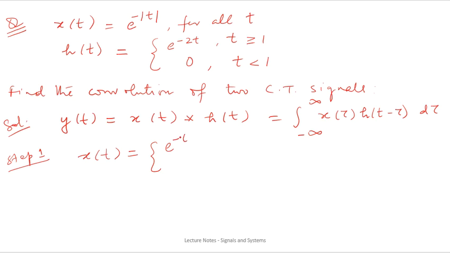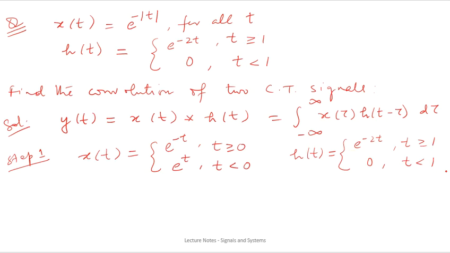So x(t) will be e raised to the power minus t for t greater than or equal to 0, and e raised to the power t for t less than 0. Similarly, h(t) is e raised to the power minus 2t for t greater than or equal to 1, and 0 for t less than 1.